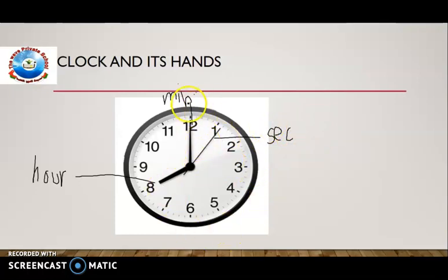The hour hand will tell you about the hour. Like this is 8 o'clock. It's 8 o'clock now, and this one is for minutes and this one is for seconds.